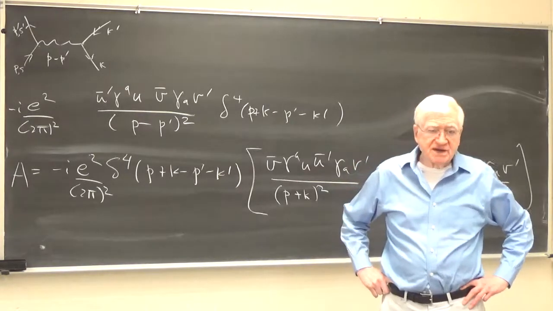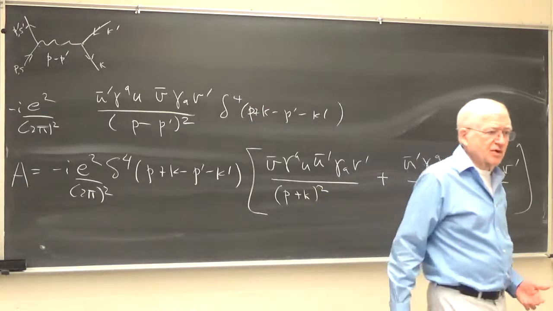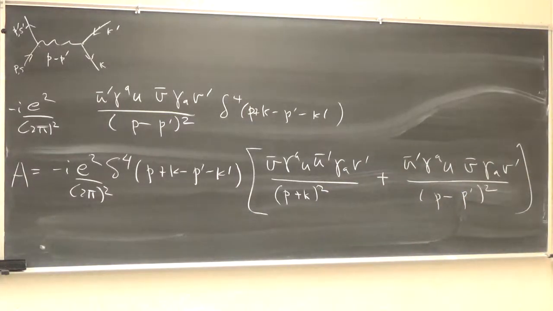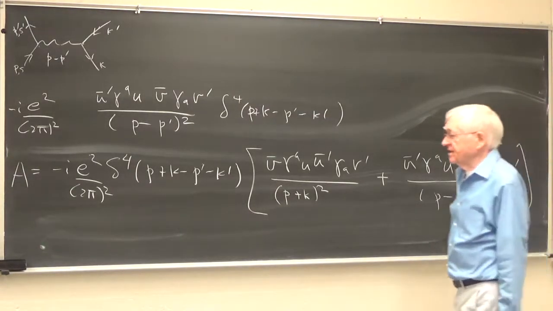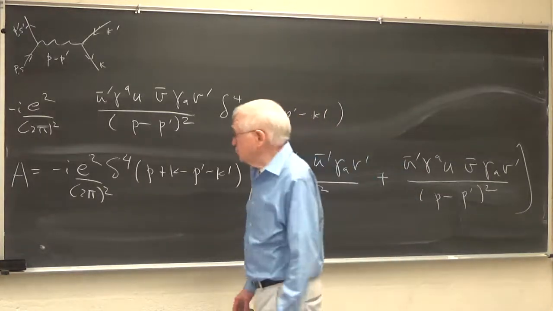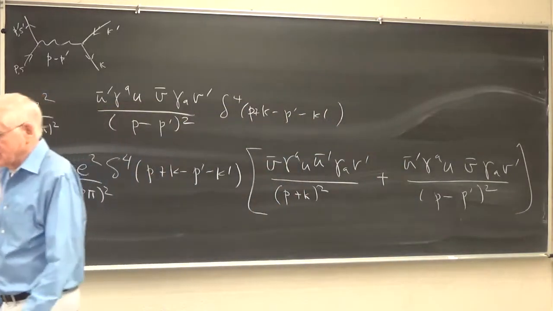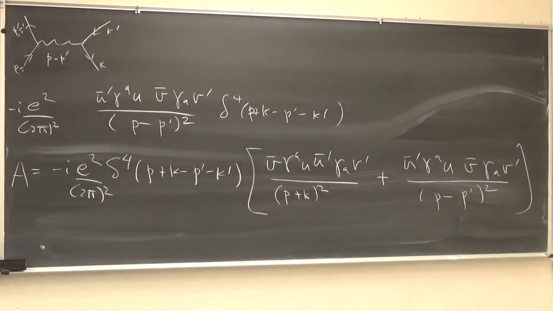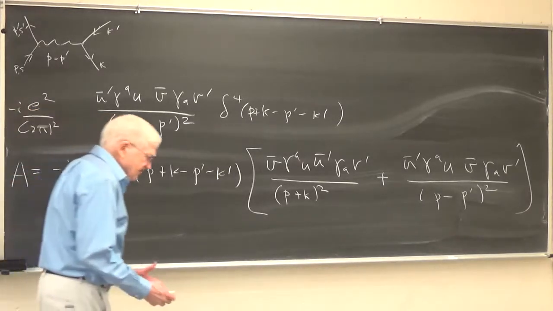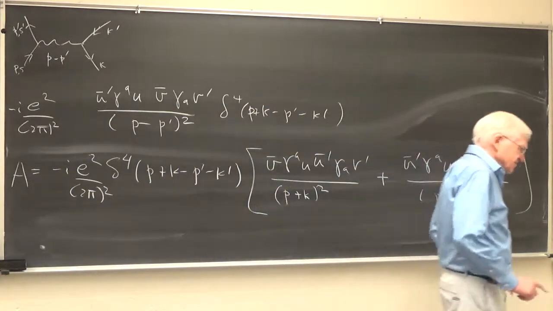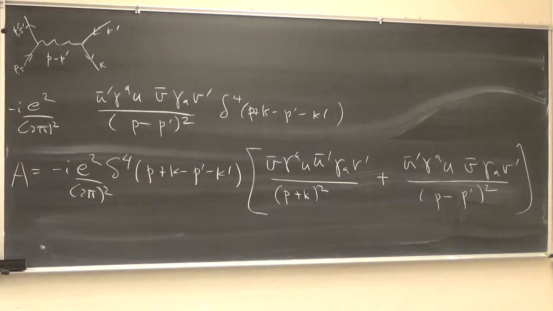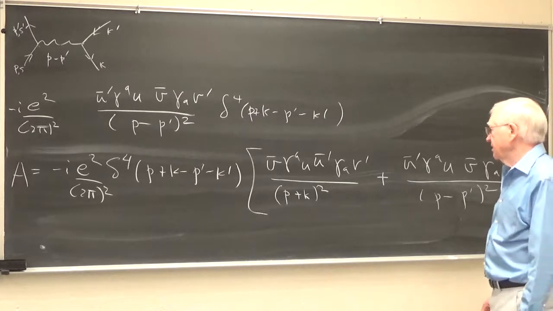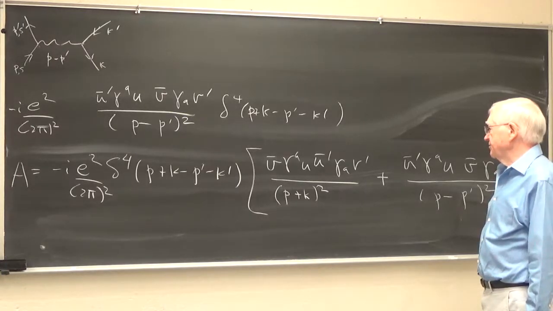Or equivalently, you could download one of many computer programs. There are all kinds of available computer programs for these things. On the other hand, what is normally true experimentally is that you don't measure any of the spins. So you average over the initial spins and sum over the final spins to get the cross-section, dividing by the appropriate factor for the initial spins to average them.